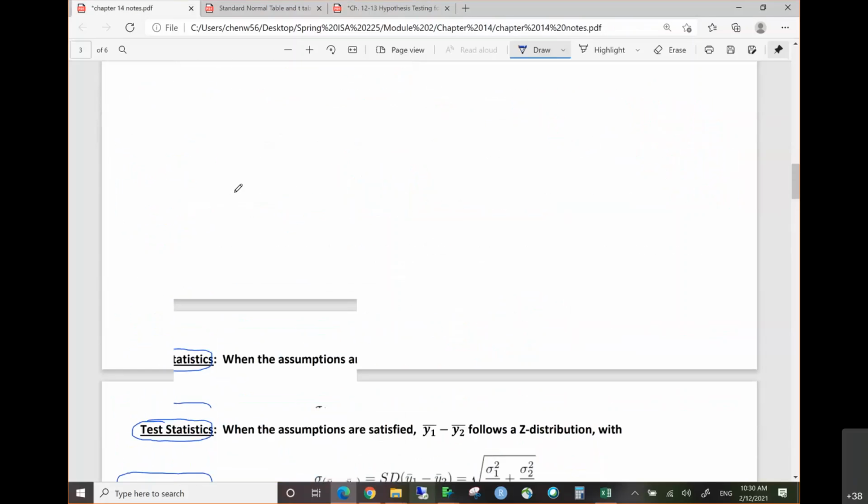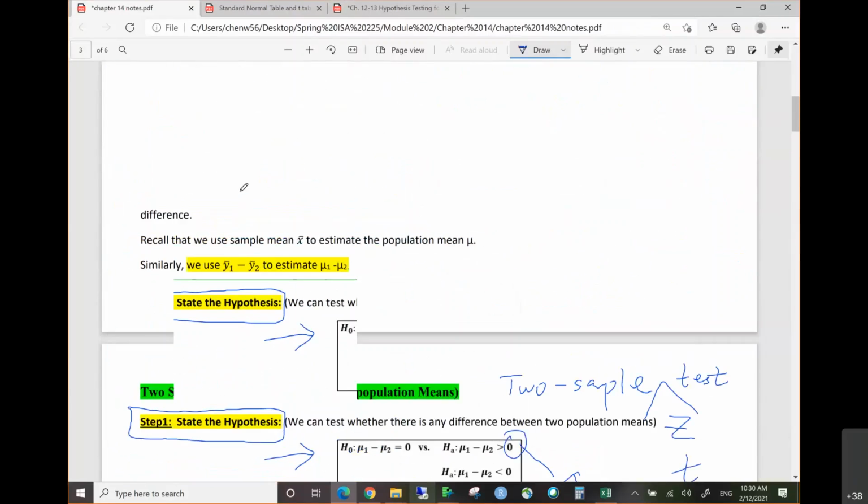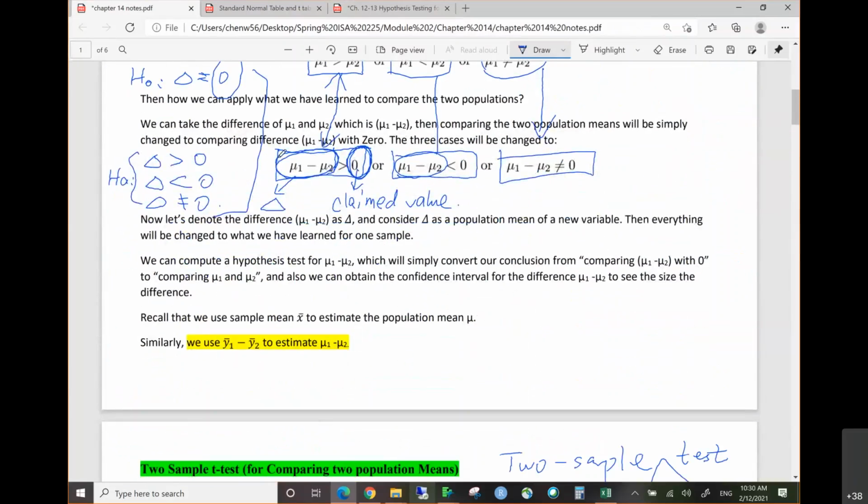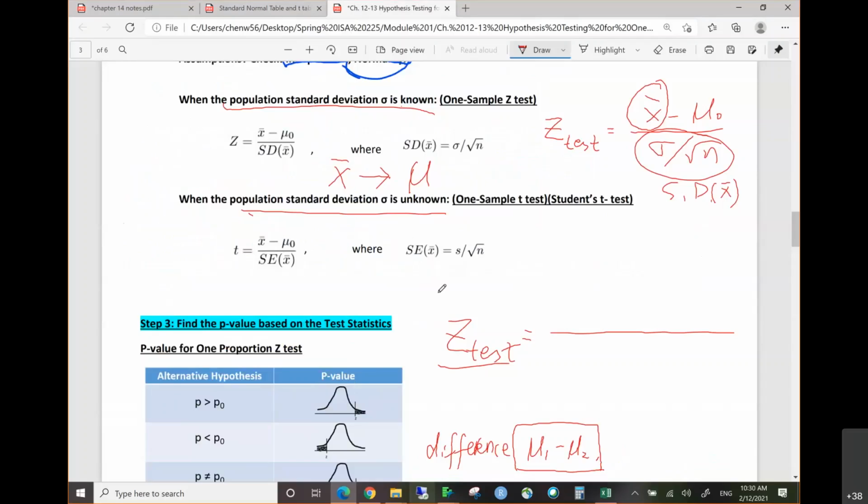Let's see. Let's come back. What is delta? Delta is just mu1 minus mu2. So actually this delta is a population parameter. This is the one we want to estimate. So my question is what you can do to estimate this delta, this mu1 minus mu2. Anyone?